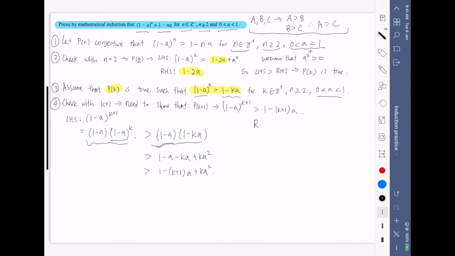Now let's look at the right-hand side. So we know that the right-hand side is immediately 1 − (k + 1)a. Now, do you see how this expression is the same as this expression? But then the right-hand side is less than this middle expression because ka squared is always positive based on this condition.